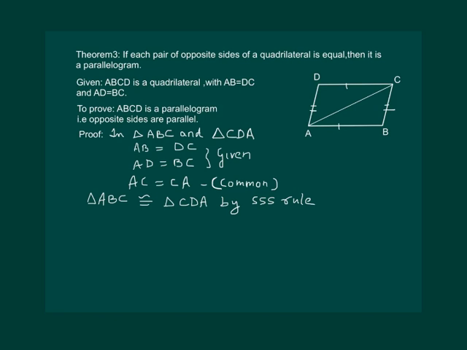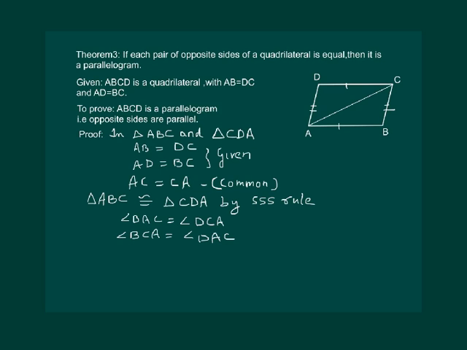Now since the triangles are congruent, so the corresponding angles will be equal. That means angle BAC equal to angle DCA. Also angle BCA is equal to angle DAC.